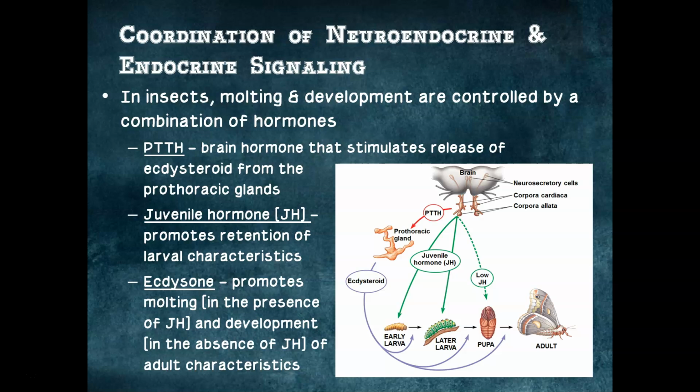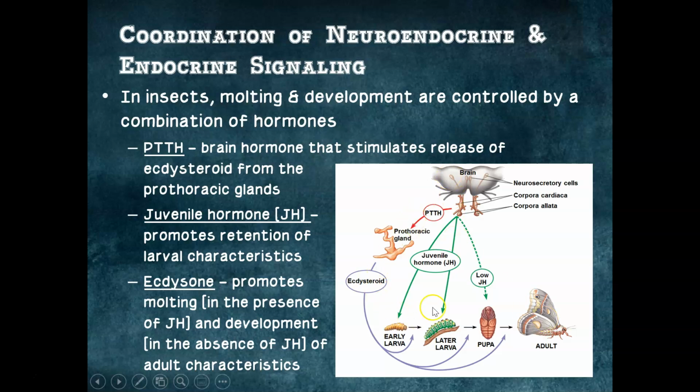They also have a coordination going on with a juvenile hormone, or JH, that promotes the retention of their larval characteristics so long as that's in high concentration. Along with this ecdysteroid, they'll stay in these early larval stages. And then when that low JH comes into play, but that ecdysteroid is still being produced, that's what then causes the production of the pupa and then ultimately the adult.